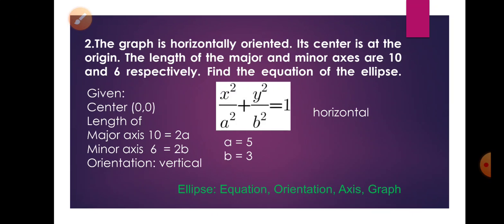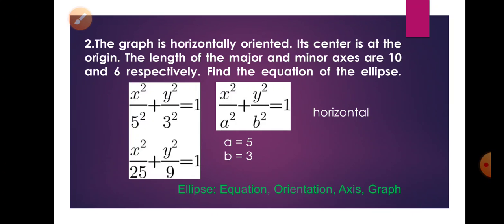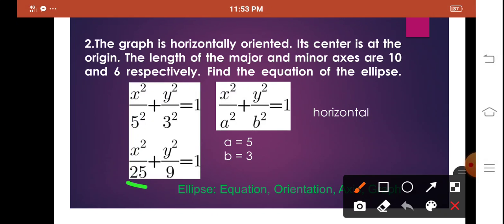So a is equal to 5 and b is equal to 3. By substitution, x squared over 5 squared plus y squared over 3 squared is equal to 1. So the result is x squared over 25 plus y squared over 9 is equal to 1.